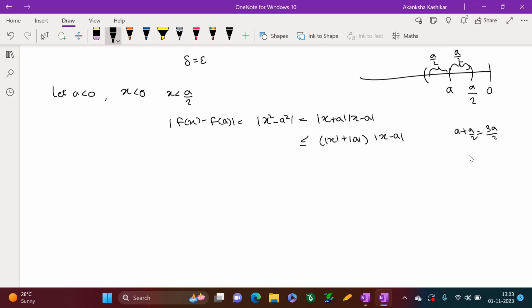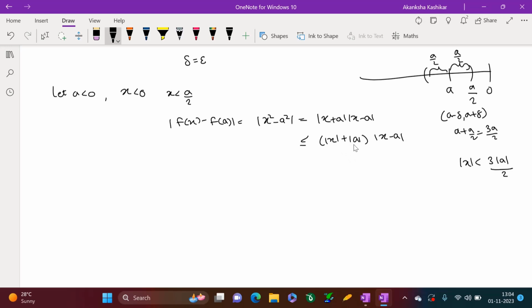So mod x, if I try to stay within a minus delta to a plus delta, where delta is less than mod a by 2, then mod x will always be less than 3 times mod a by 2. Correct? Mod x will always be less than 3 times mod a by 2.